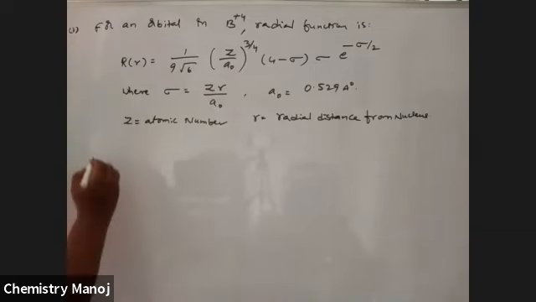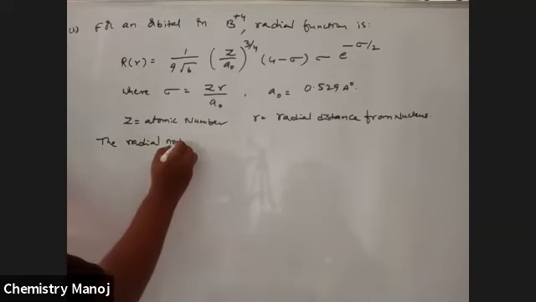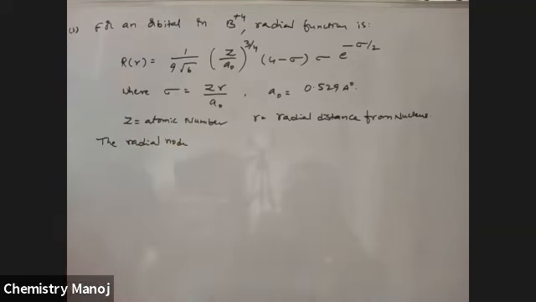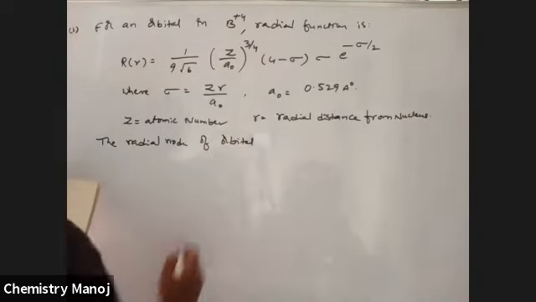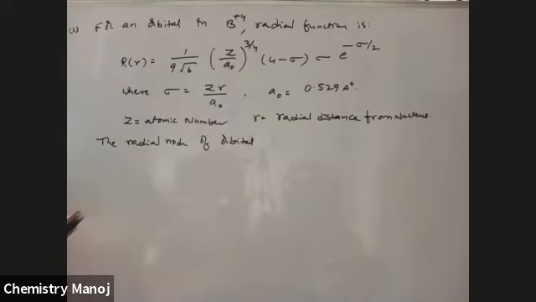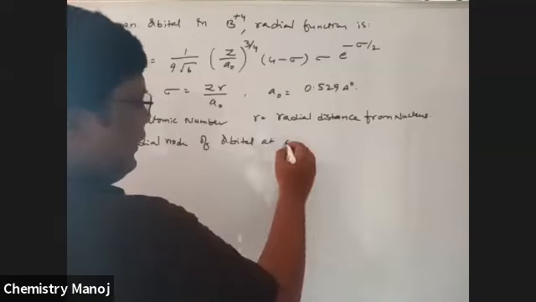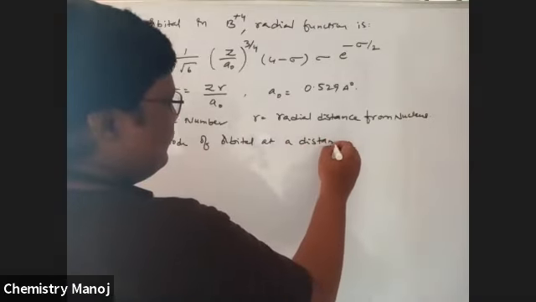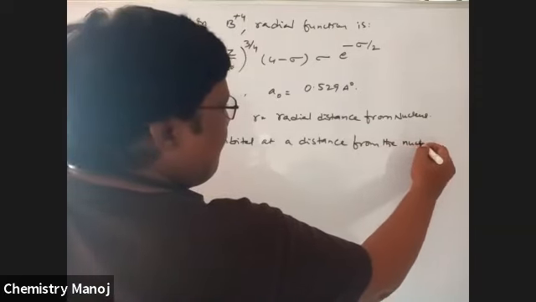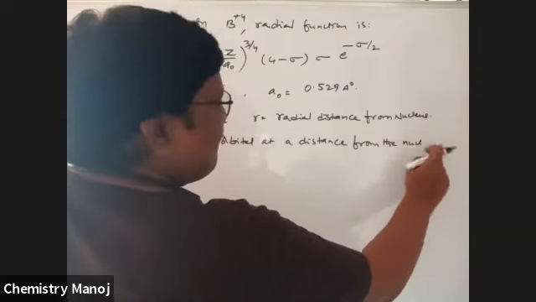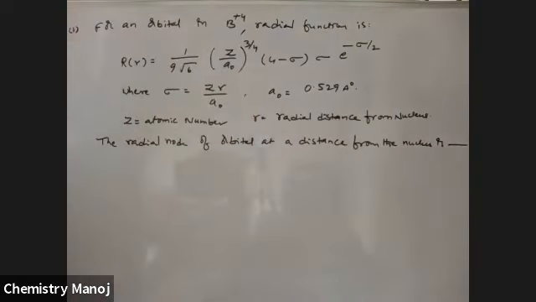The radial nodes of orbital at a distance from the nucleus is dash.